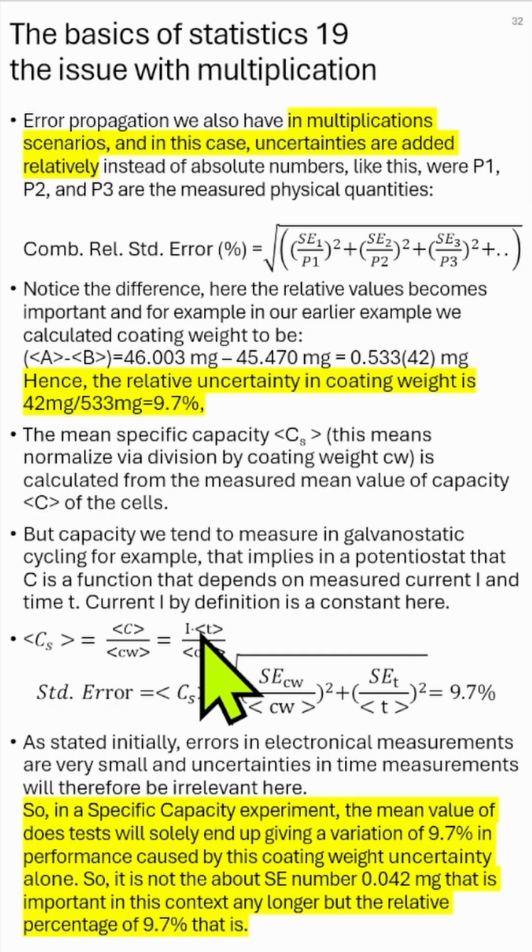So then we can do a calculation of the mean value of the specific capacitance of our 5 coin sets, for example, by measuring the mean value of capacity and dividing by the mean value of the coating weight. And remember, we divide by the mean value.